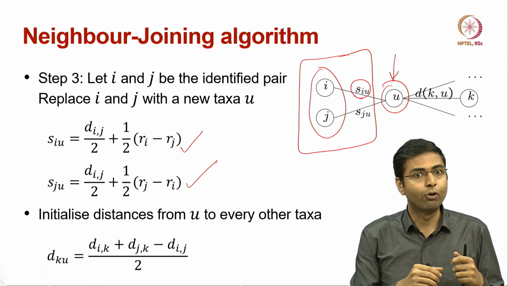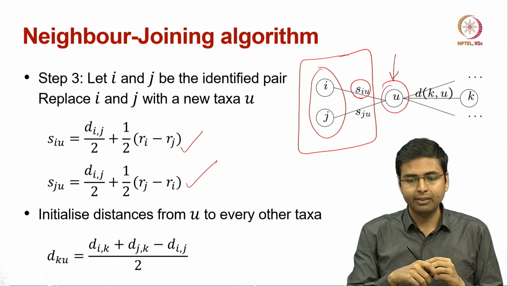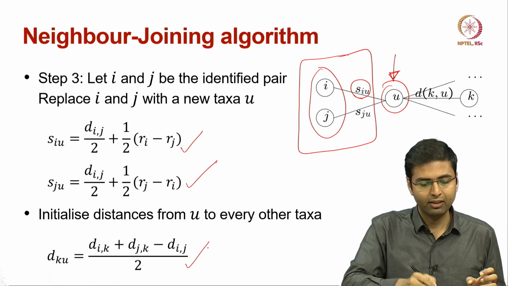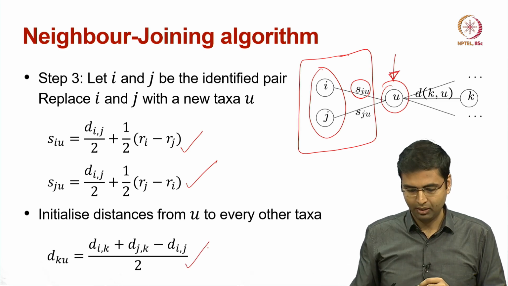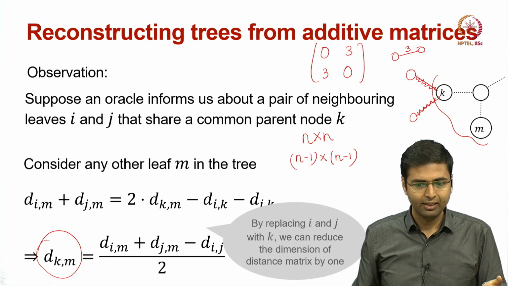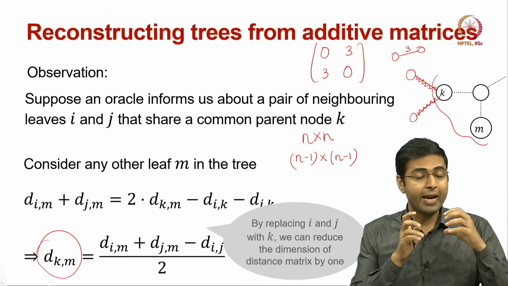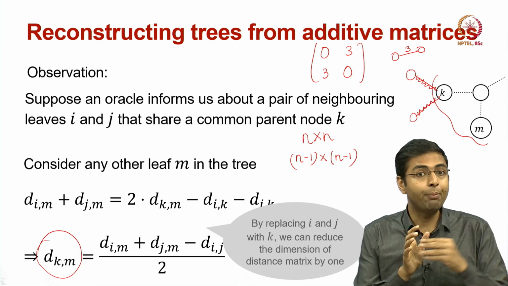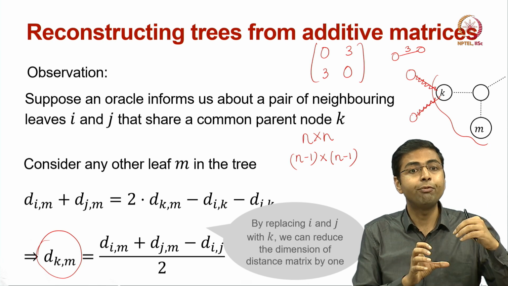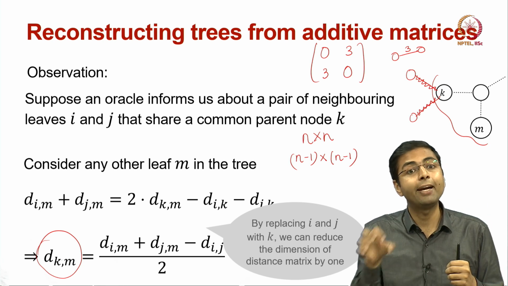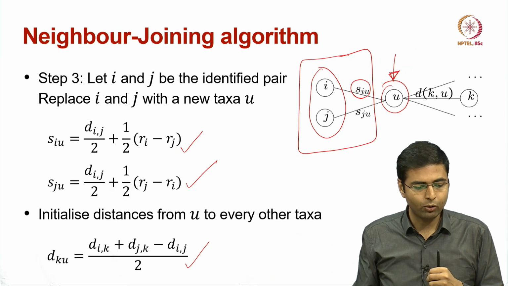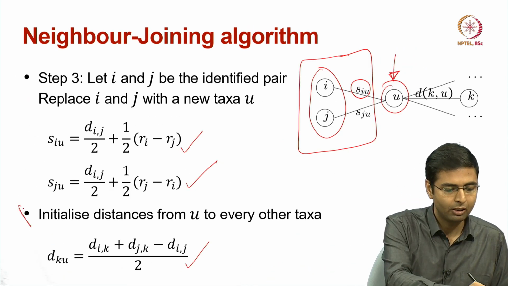and as we discussed before, we can initialize the distances of u to every other leaf node using the equation given here. This is the same equation that I showed you earlier: if you know the pair of leaf nodes which can be merged, then you can remove those two leaf nodes and replace them with their parent node in the matrix D. That is exactly what we are doing in this step.